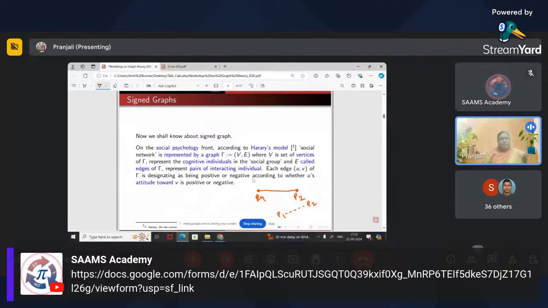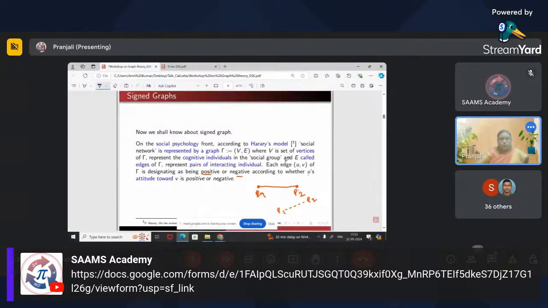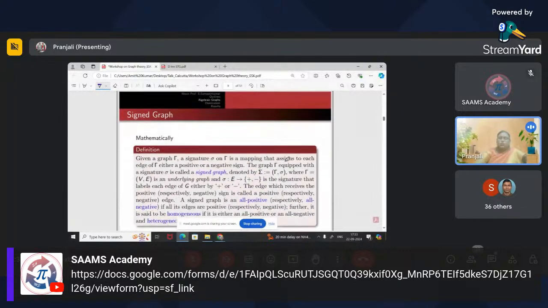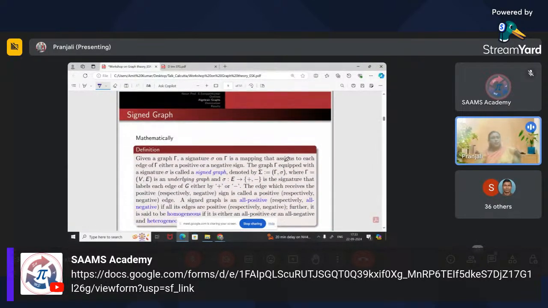It is positive if this attitude is positive towards P2, or it is negative. Now this model has been transferred into mathematics. So how can we define a sign graph mathematically?